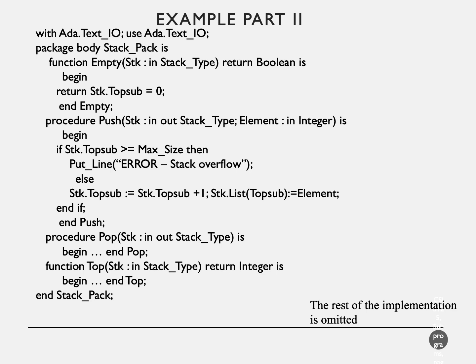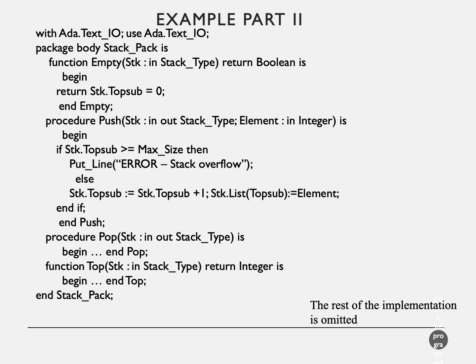Let's go through the procedures one by one. First of all, the empty function checks if the topsub index is 0. If it is, that means the stack is empty, so it returns true.